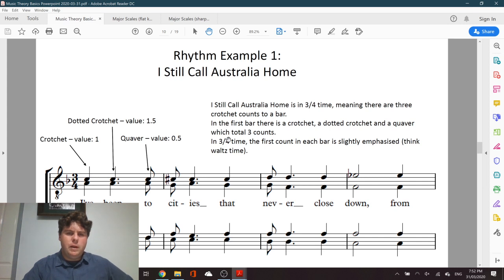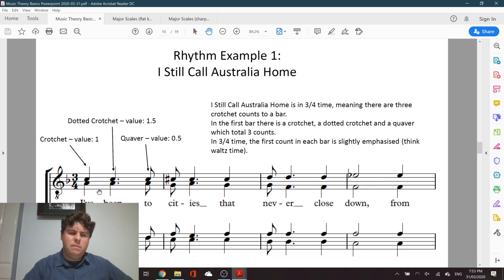In the first bar, that's this bit here, there is a crotchet, that's the first note, a dotted crotchet, 1.5 counts, and a quaver, which is half a count. So you've got 1 plus 1.5 plus 0.5, so the total's 3 counts. So in 3/4 time we say that's 3 crotchets to a bar.